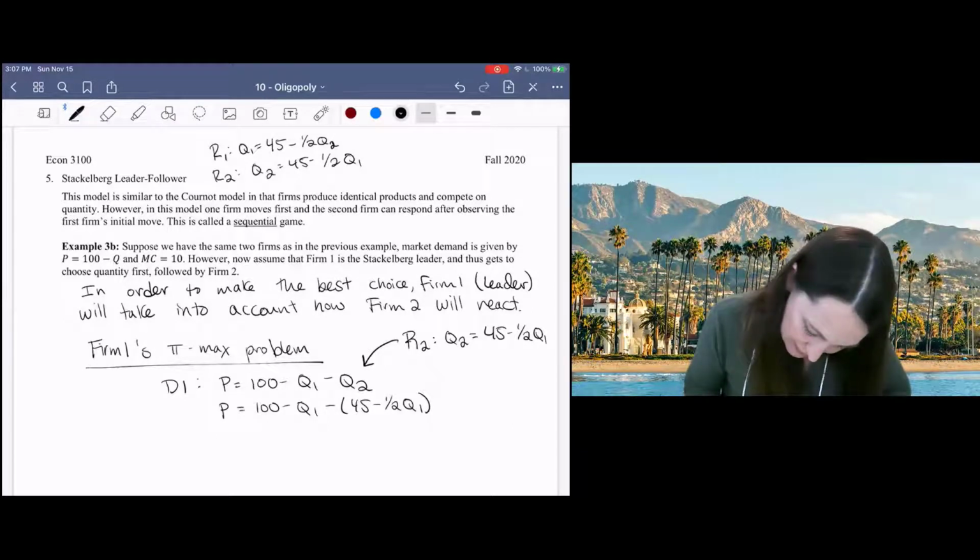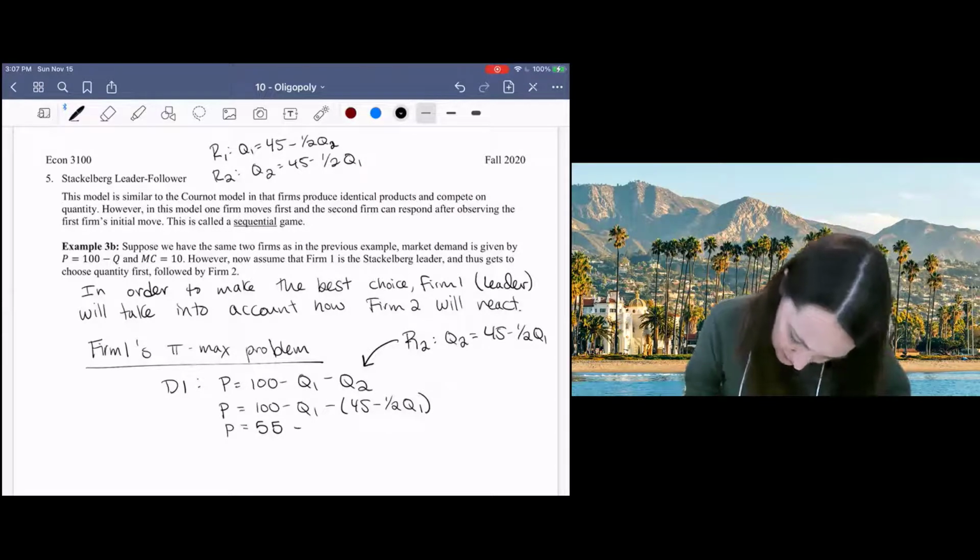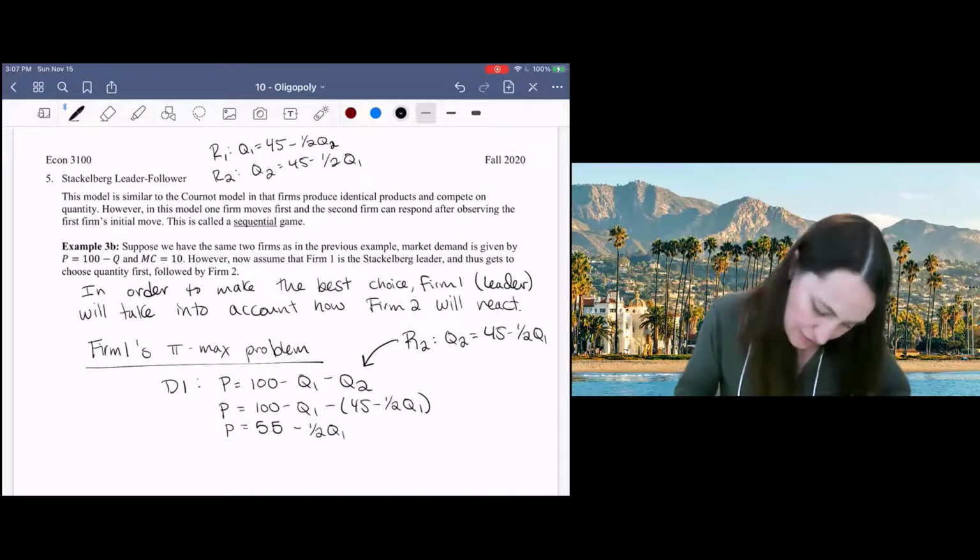And so I'm going to simplify this. I've got 100 minus 45, which is 55, and then minus Q1 plus 1/2 Q1, which is minus 1/2 Q1.